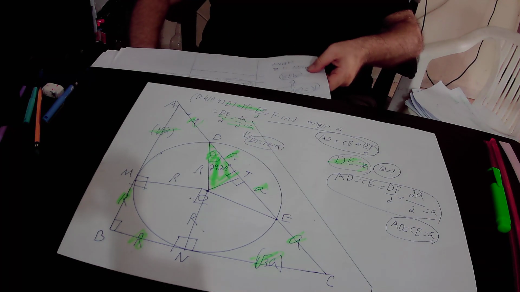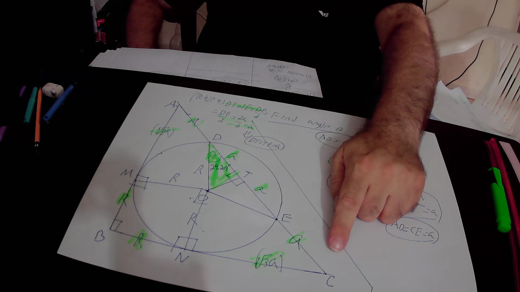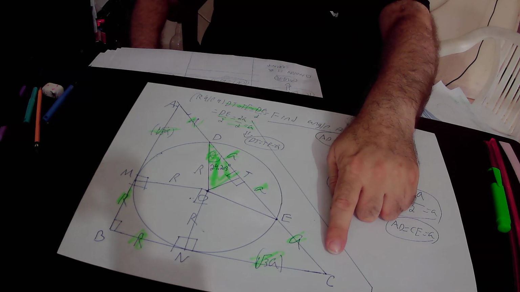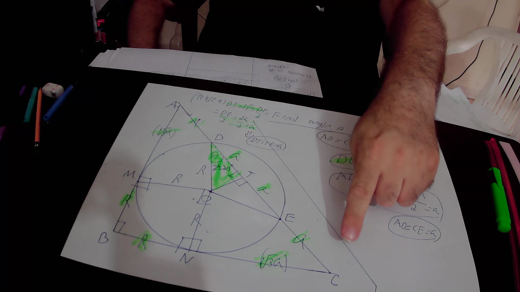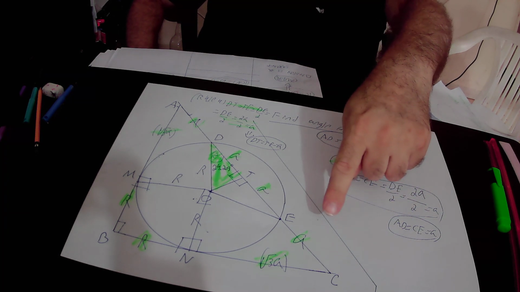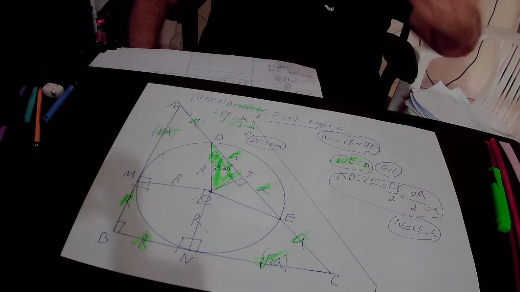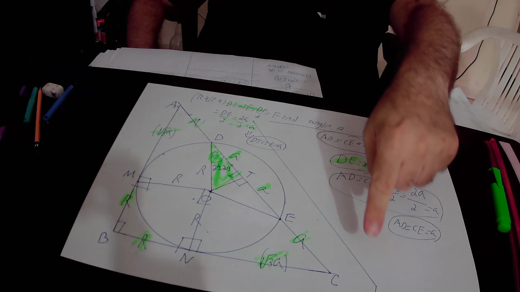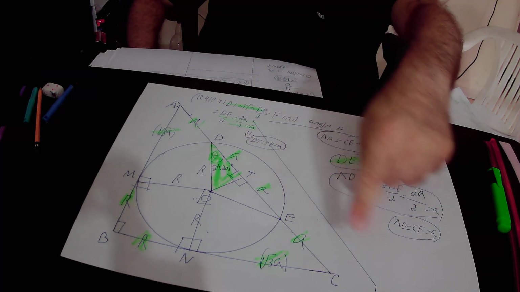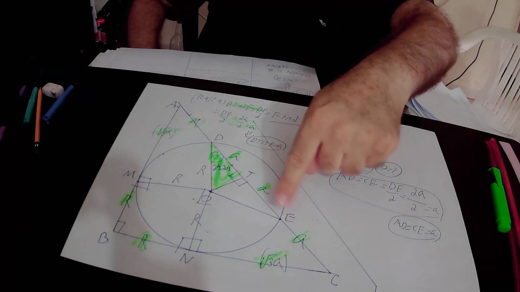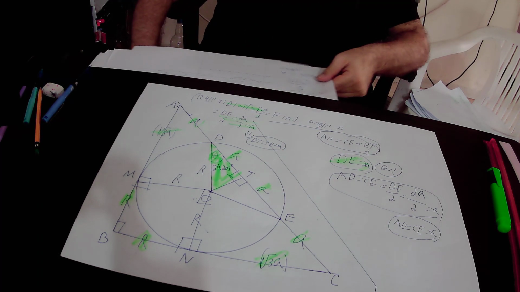Why? Because in our drawing, if we focus on the external point C, from the external point C we have tangent CN, and we have the straight line that intersects this circle at points E and D. Therefore, we can implement rule number 10 here. According to rule number 10, CN square equals CE times CD.